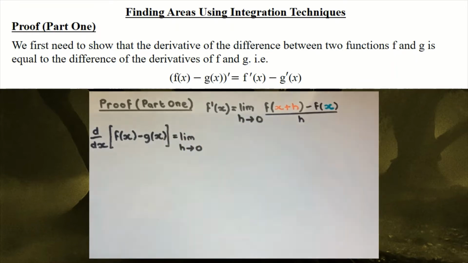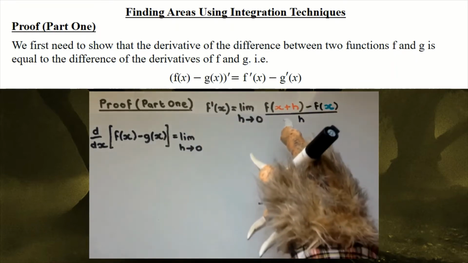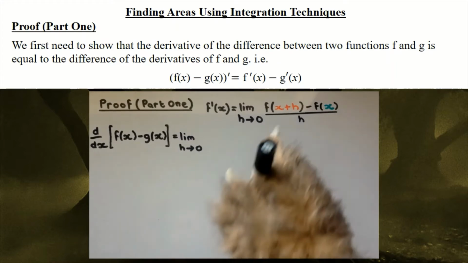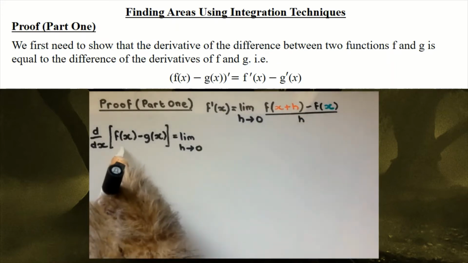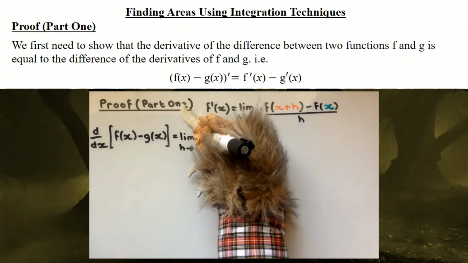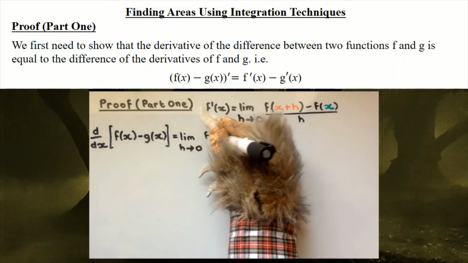Okay, and I'm going to do the x plus h part first. Remember, the h is the infinitesimally small increase in the x value, and then we take the limit as it tends to 0. Now I'm subbing x plus h into all of this. So it's going to be f of x plus h.